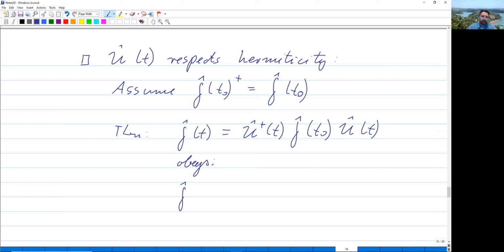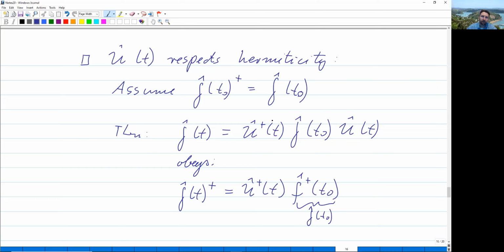So then we have that f hat of t dagger is equal to, well, let's see, we have to take the dagger of that whole thing here. When we take the dagger of that, then the sequence in which the operators occur is flipped. So we have to take u hat, move it over to the left, and dagger it. So we get u hat dagger of t. And then that term stays in the middle, f hat dagger of t naught, but f hat dagger of t naught is f hat of t naught, right?